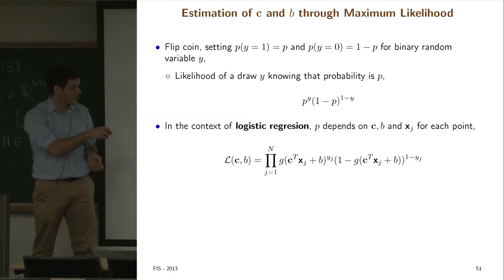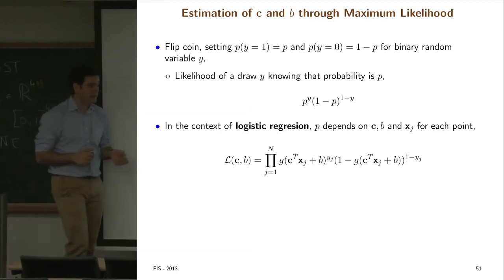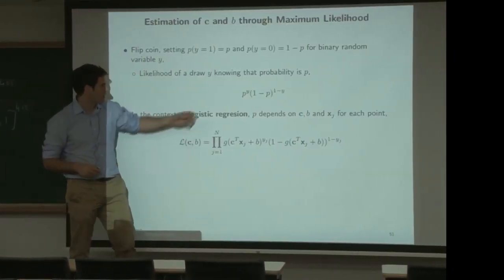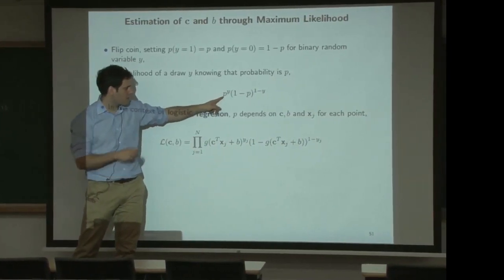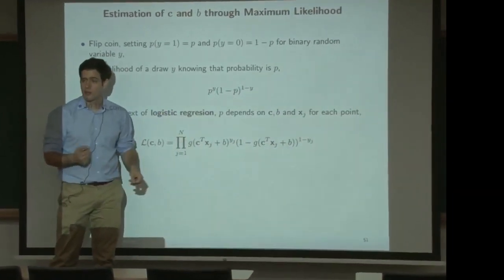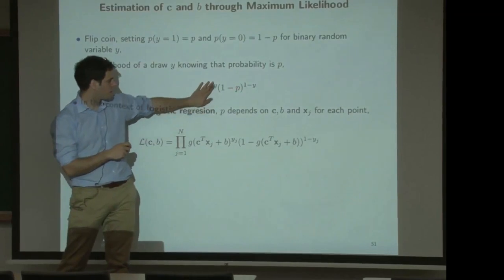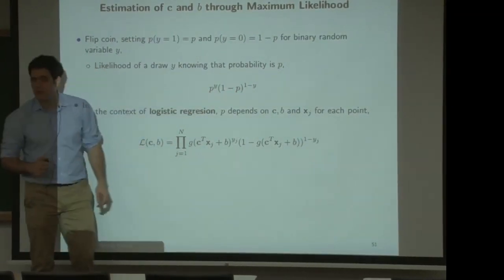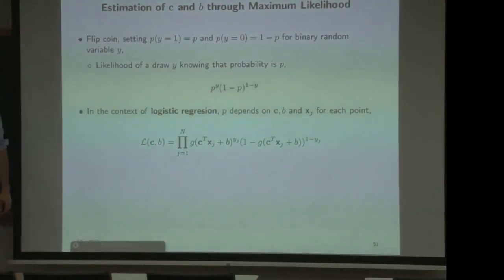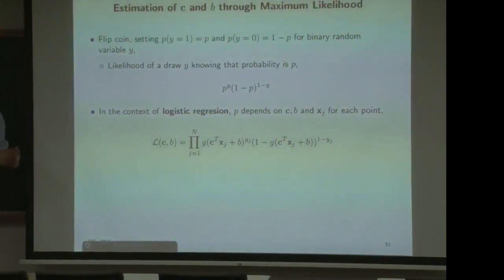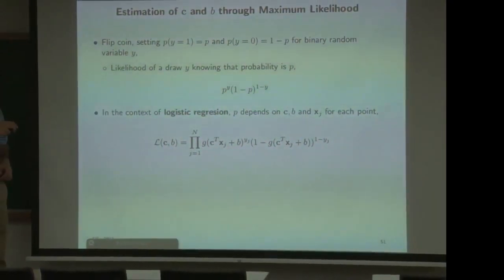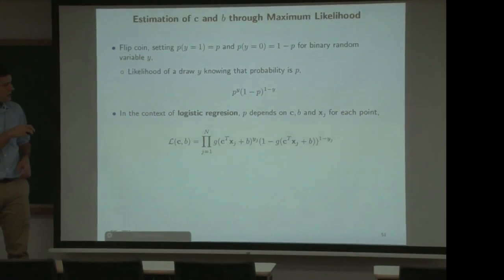Well, it's just this. It seems a bit complicated for such a simple thing, but if y equals 1, then the probability is p, since the other exponent is 1. And if y equals 0, then this factor is 1, and you have 1 minus p. So it's just a slightly complicated way of writing something very simple. This here and this are the same.